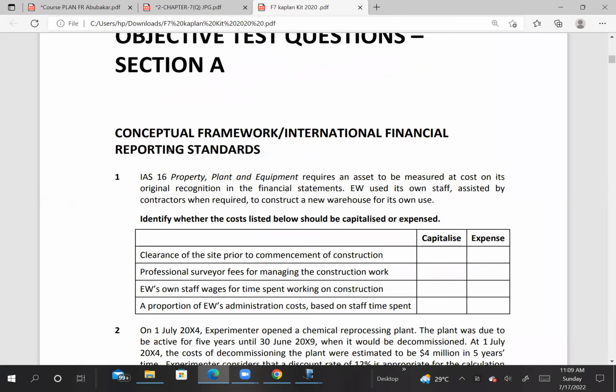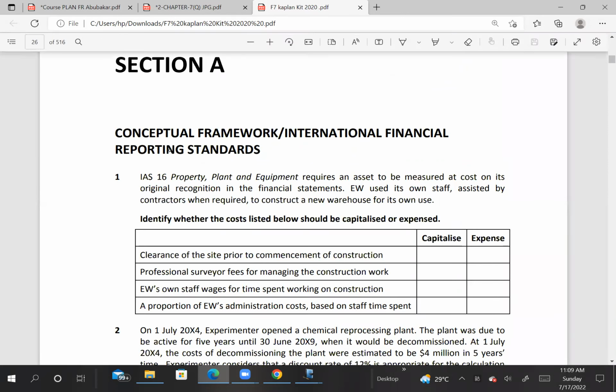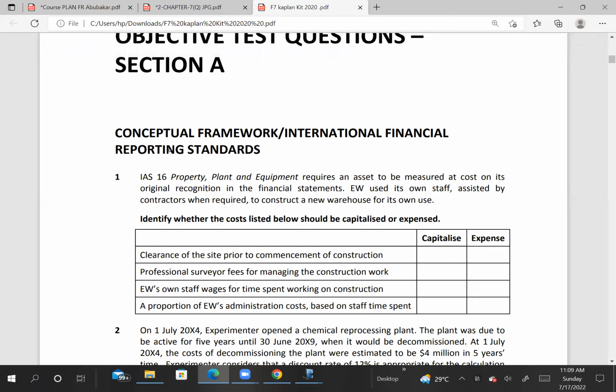Okay, question number 1. IAS 16 Property, Plant and Equipment requires an asset to be measured at cost on its original recognition in the financial statements. EW uses its own staff assisted by a constructor when required to construct a new warehouse for its own use.